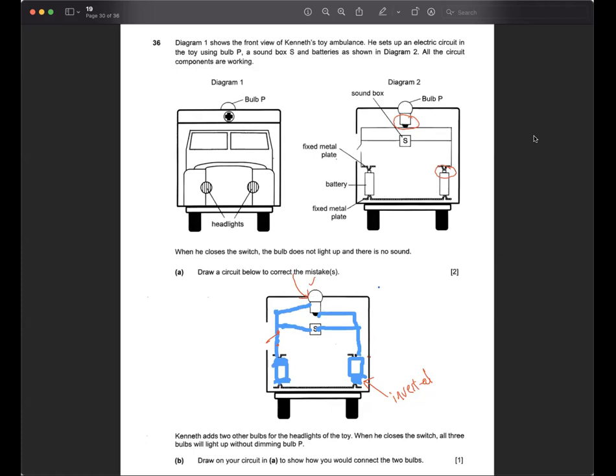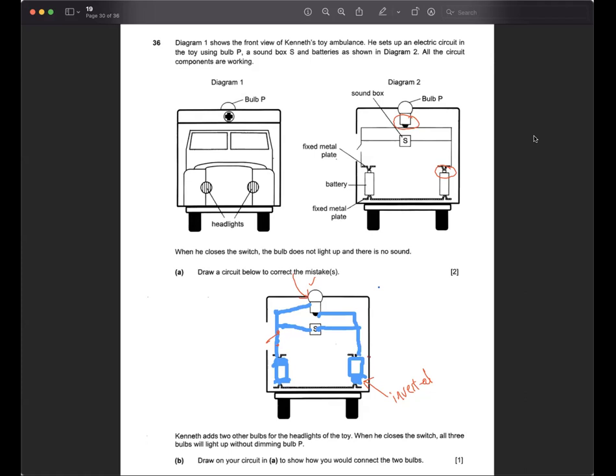Okay, so who would like to do B? Who would like to do B? Hello.